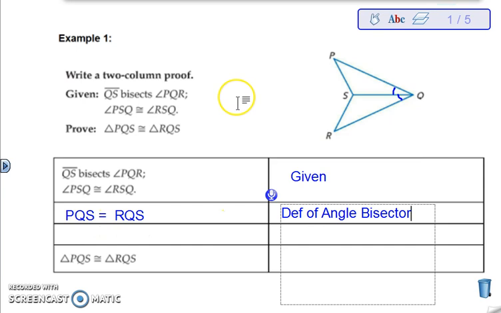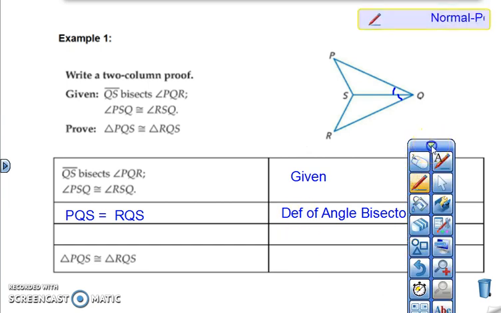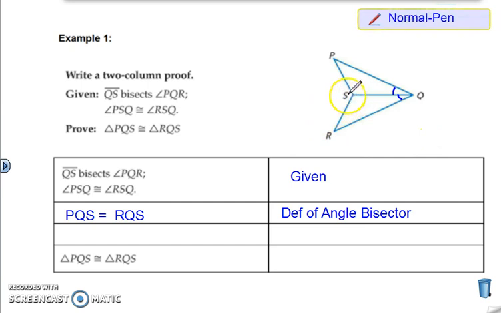Alright, so we look back and we see that we now have one congruent angle. They gave us in the given statement that angle PSQ is congruent to angle RSQ. So it looks like I've got a set of matching angles.